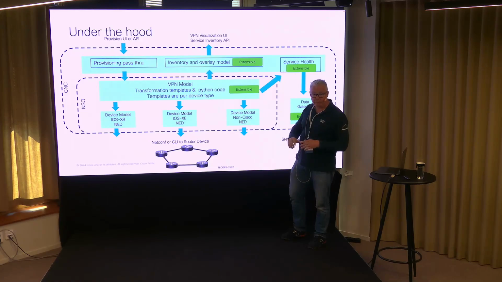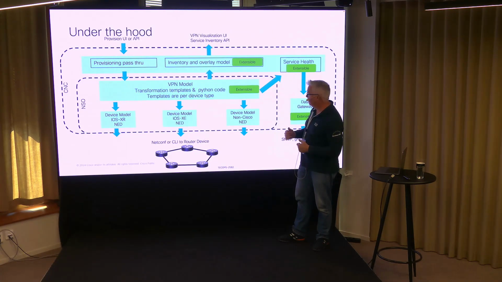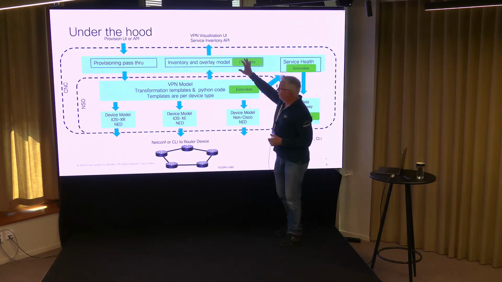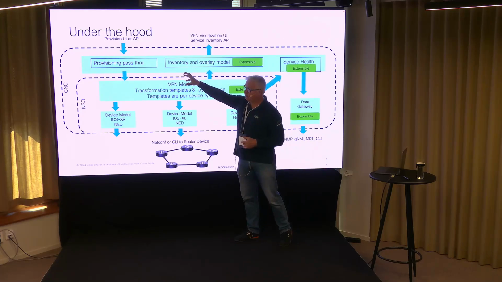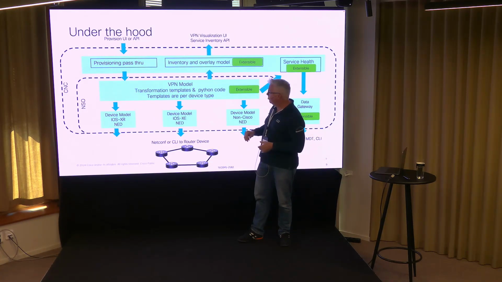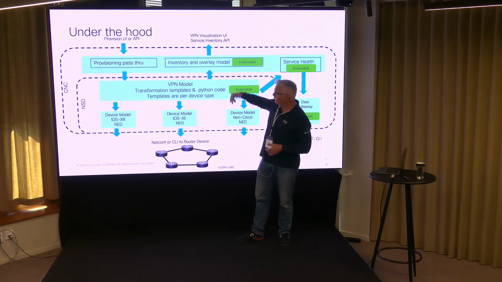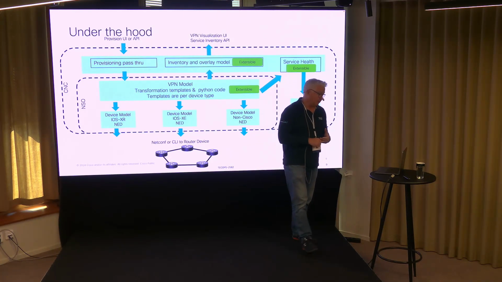The data gateway, if you want to collect things that we don't collect by default. Typically, what we can do with the UI, you can do with the API. You can also decide, depending on your type of integration, to provision the NSO model directly, going straight to NSO through CNC. That's also a possibility.